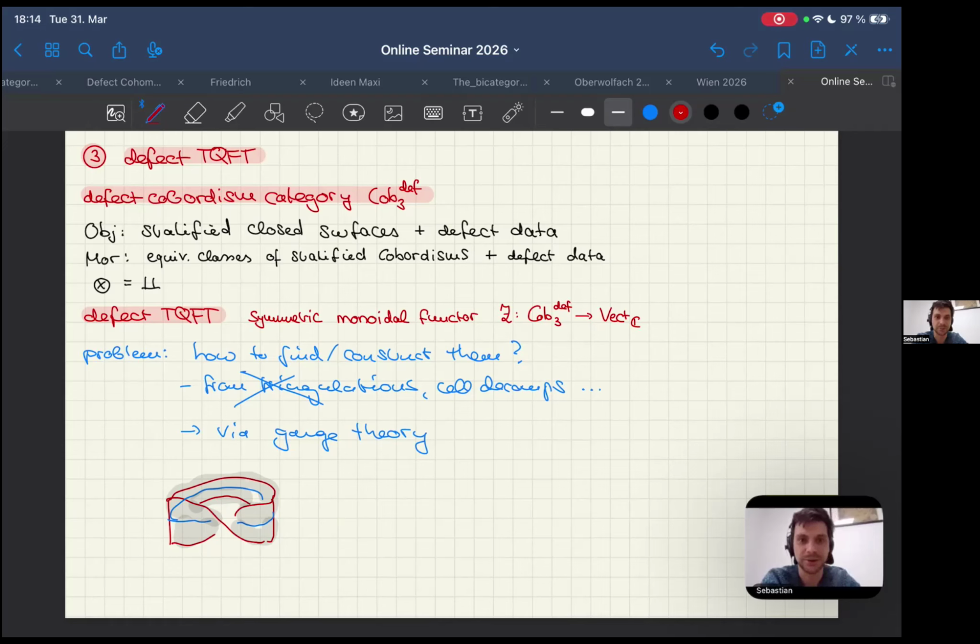So I don't know how this works. Okay, I can say about this later in the talk. Essentially, we use quite strong tools. We use Kan extensions, for example, but I'll get to this later. Yeah, this answers the question. Thanks. Okay.